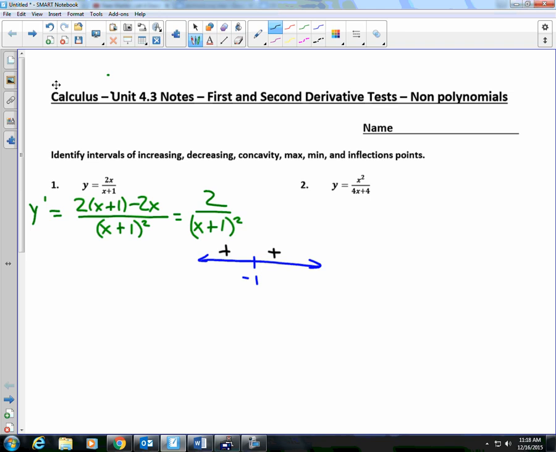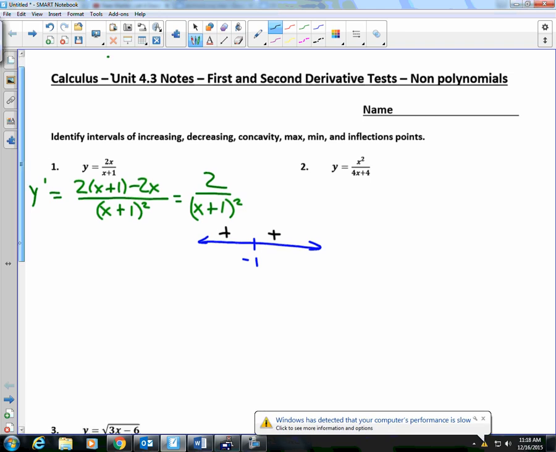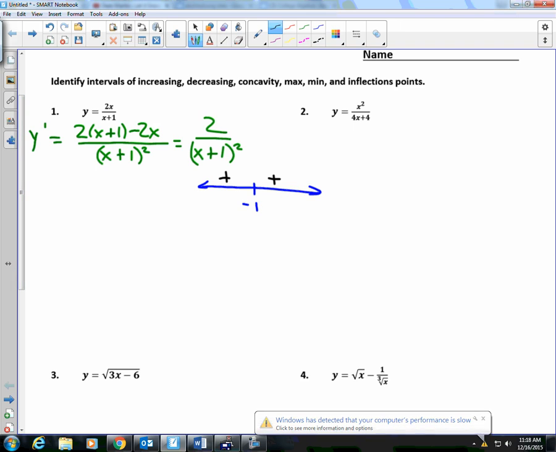True or false? This function has a local max or a local min. False. Why? Derivative is never equal to 0, and it never changes sign from positive to negative or negative to positive. Okay, so therefore, we have a lot of pieces that we're going to be able to lay out here that we already understand.